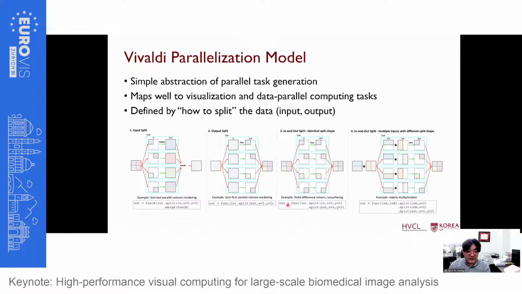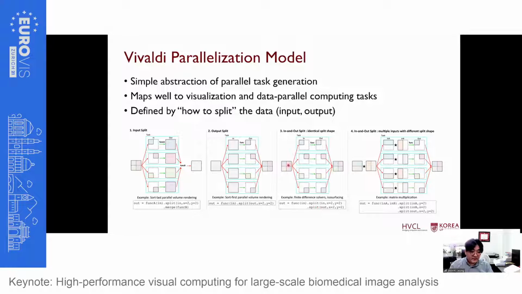And one idea that we propose in this domain-specific language is that this is a parallelization language, which means we want to make parallelization very easy. So the idea is that we simply define how to split the data, and the system can do the parallelization, which means either we can split the input, or split the output, or combine them together.